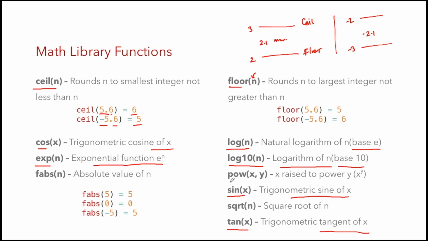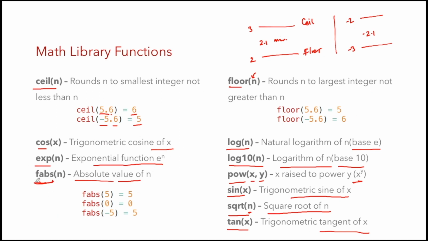And then we have the power function, to which we supply two variables, x and y. It gives you x raised to y. Then we have the sqrt function, which gives you the square root of the provided variable, so in this case it will give you the square root of n. And finally we have the absolute value of n, which is given by the function fabs. abs is basically absolute value.